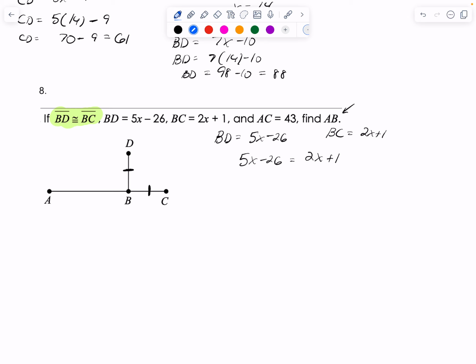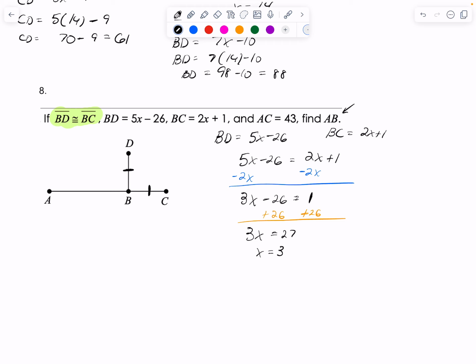So I'm going to subtract 2x to get 3x minus 26 equals 1. Moving over the 26 with addition, that's going to give us 3x equals 27, or x equals 3. Now again, that's not what the answer is.